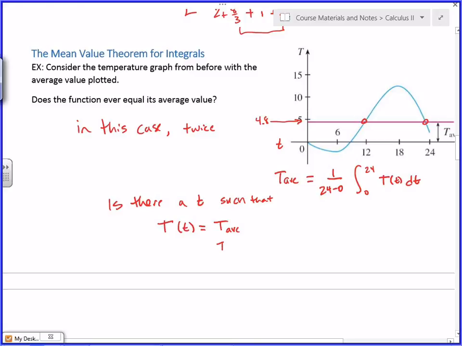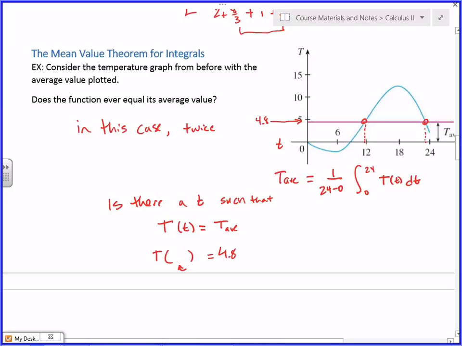So I'm saying, is there a place where the output, some number in here, gives me 4.8? And notice that's right close to there and right close to there. There's actually two answers to that question. Now, mathematically, I'm not asking right now what those specific values are.